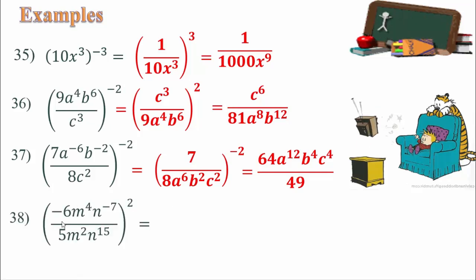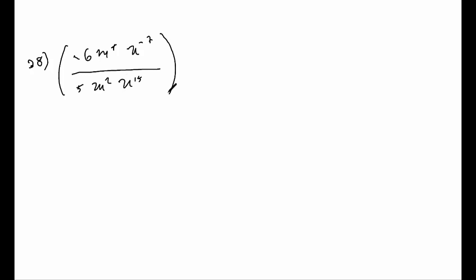In example number 38, we have this inside the bracket, and it's just 2 squared. So what I'm going to do is work this out on the whiteboard. In example number 38, we have negative 6 m to the 4th n to the negative 7 divided by 5 m squared n to the 15th, all this to the positive 2 power.